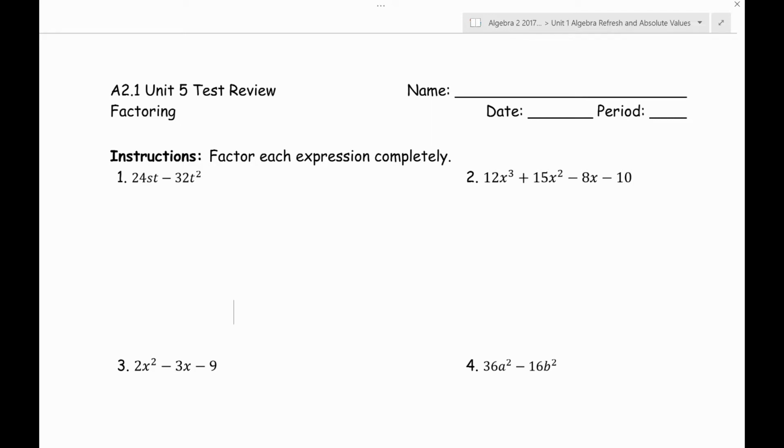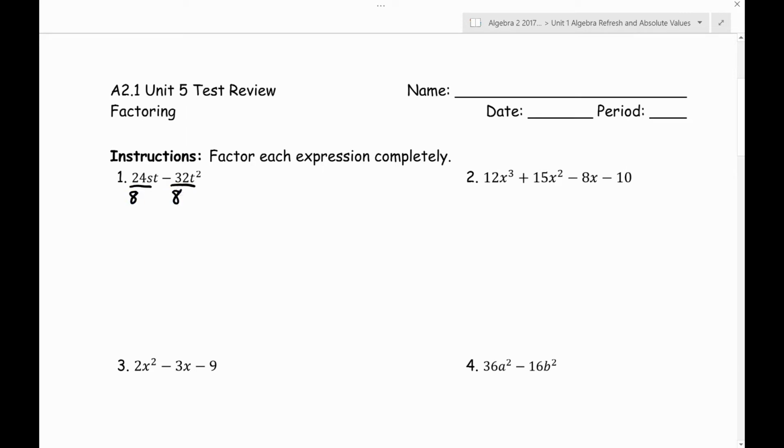Here we go. Okay, so first thing you want to do is make sure that you look for a GCF. If you can take out a GCF or a GCD, then that's the first thing that you do. So we're going to look at 24 and 32. The biggest number I can take out of those and divide out would be an 8.